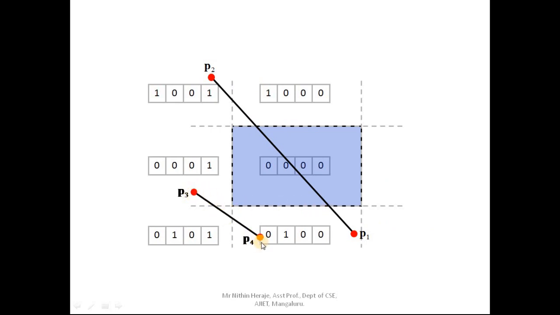And one more line P3 to P4, which is outside the clipping window, though the endpoints are lying in two different regions, that is the left region and the bottom region. If you look at this, we have not written any outcode for the right part because there is no line lying on the right side of the clipping window. So we'll see how this process will work.